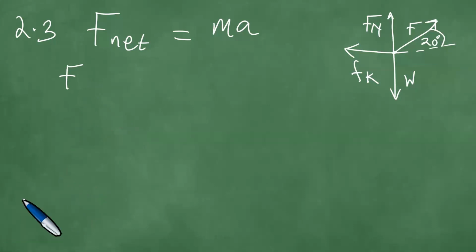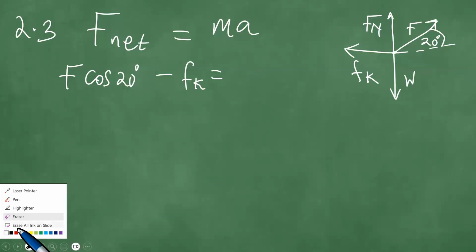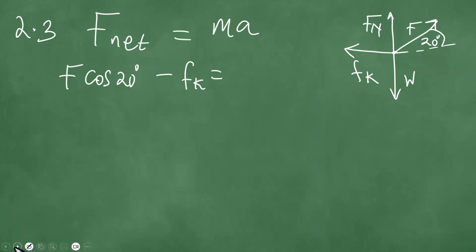Because this is moving on the horizontal, we can consider F cosine 20 degrees, which is in the horizontal, minus F sub k, which equals, because it is moving at constant speed, the acceleration is naught. So you can put that the acceleration is naught.